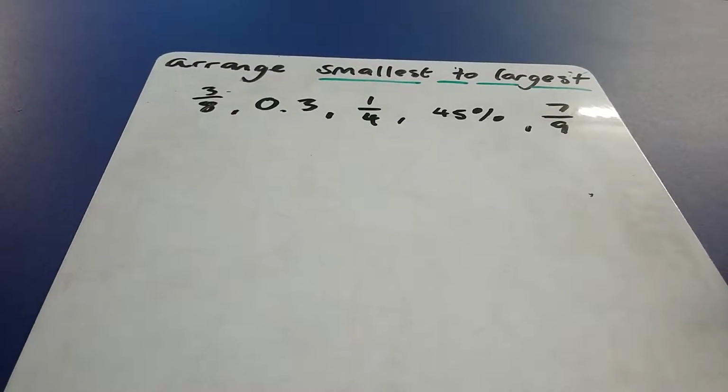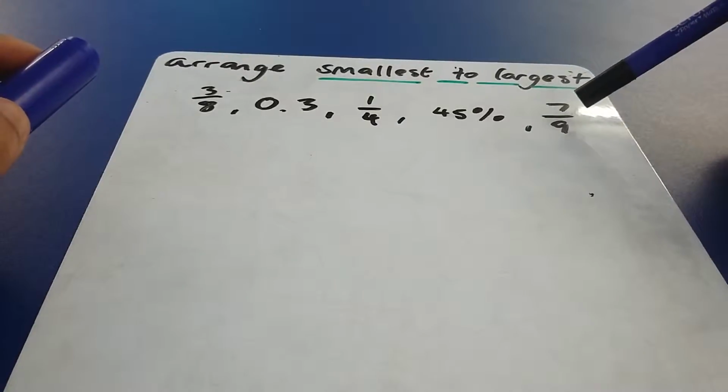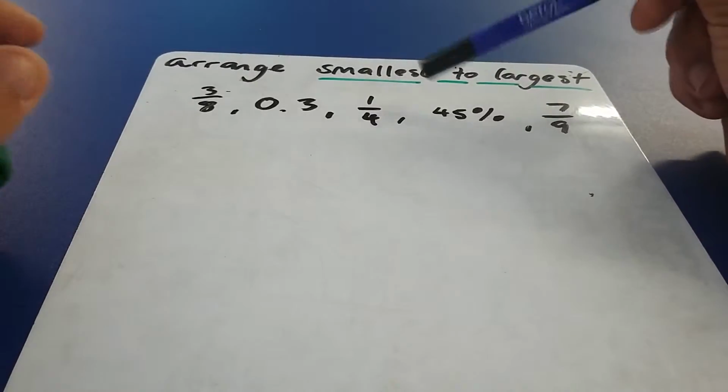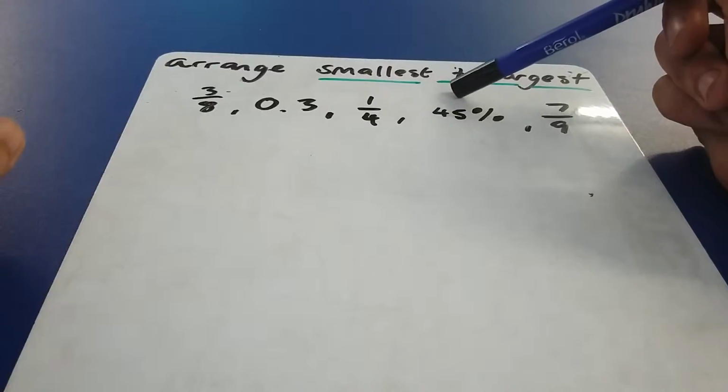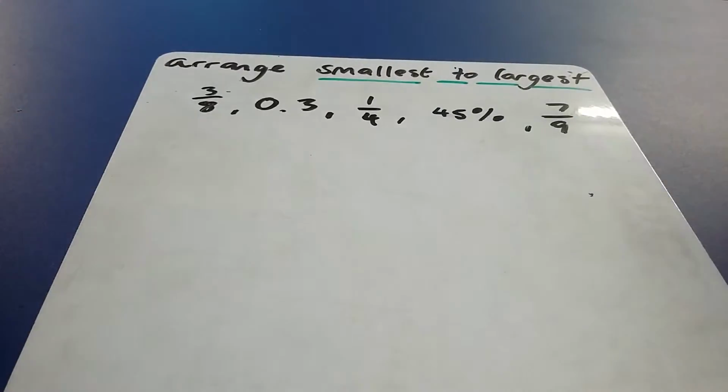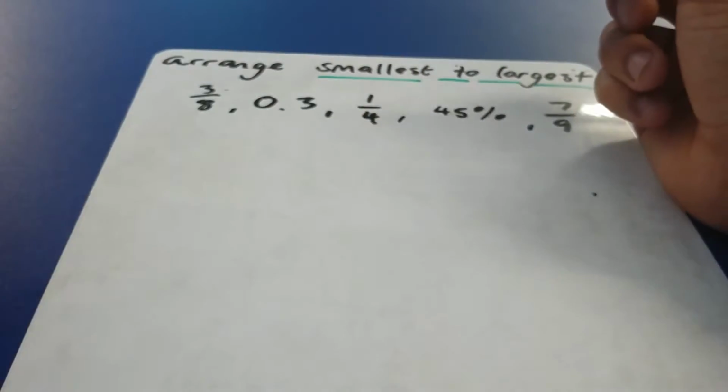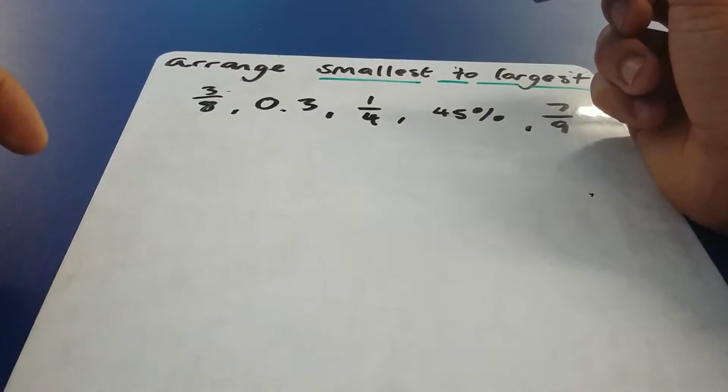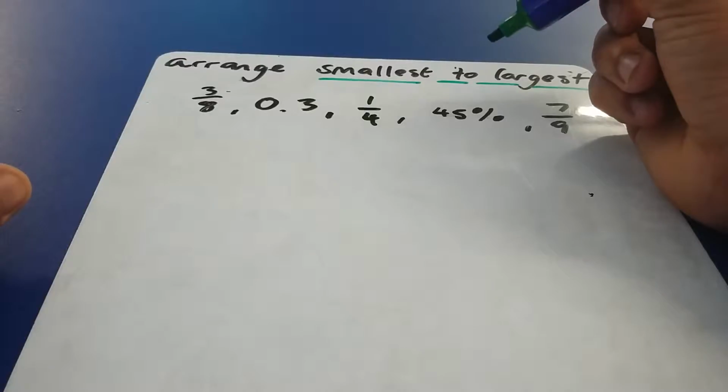So usually the hardest part is converting fractions into decimals and percentages. When they're in decimal or percentage form, it's much easier to read. So let's say we're going to convert all of these into a decimal.